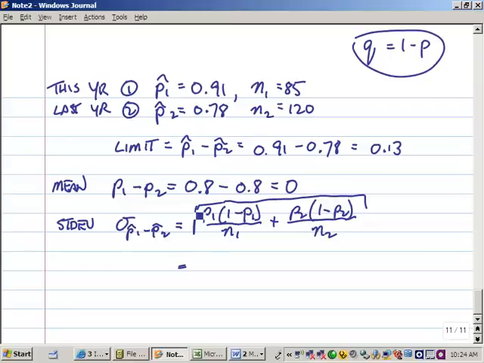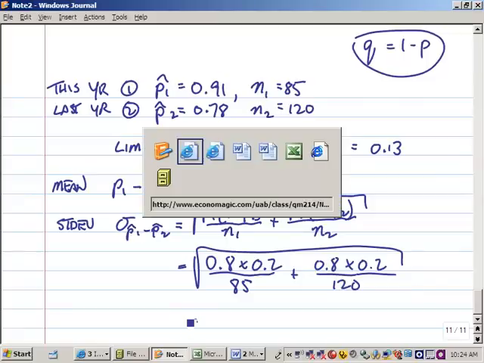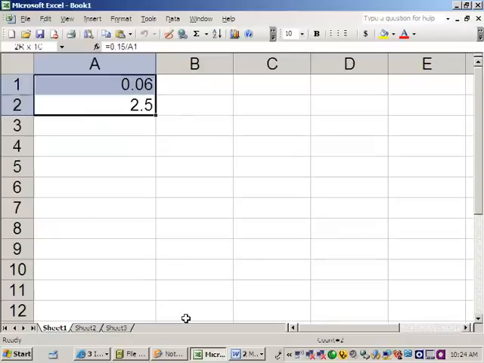So back to our standard deviation. P1 is 0.8 times its complement, 1 minus p or q, 0.2, divided by the sample size of 85, and P2 again is 0.8, complement 0.2, divided by sample size of 120. Let's go to Excel to do that calculation.